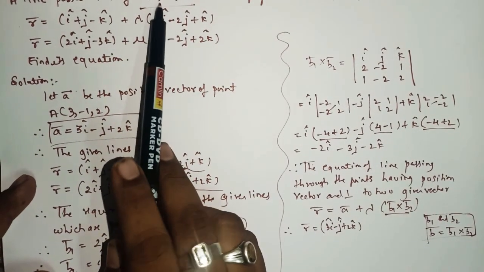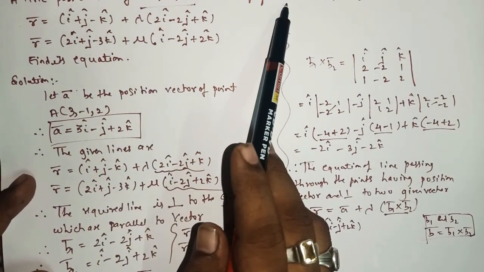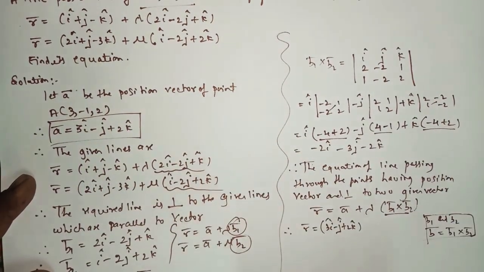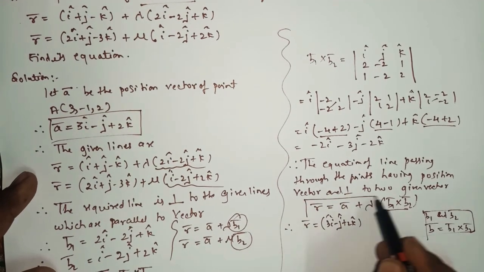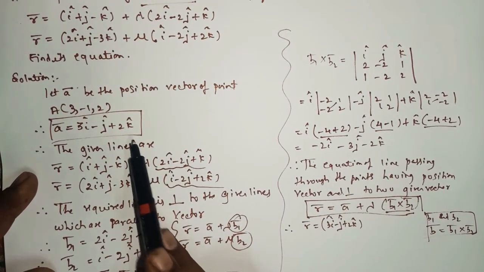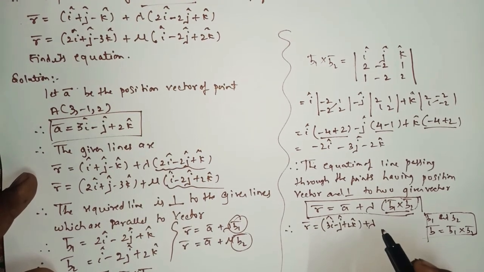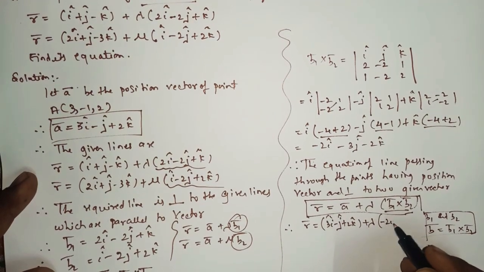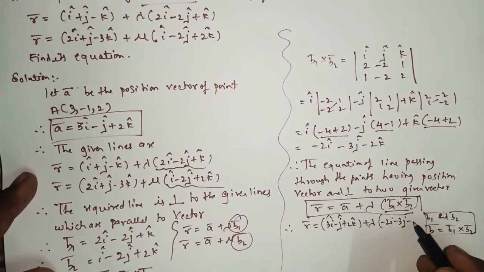Here we have a line passing through a point, and the line is perpendicular to the two lines, and we have to find the vector equation. We'll keep lambda as it is, and b1 cross b2 we got from here, that is minus 2i minus 3j minus 2k.